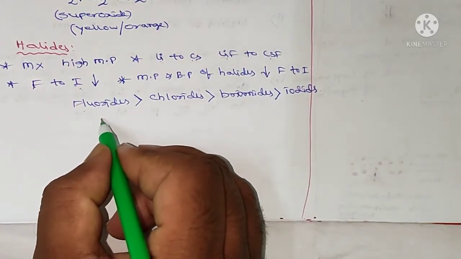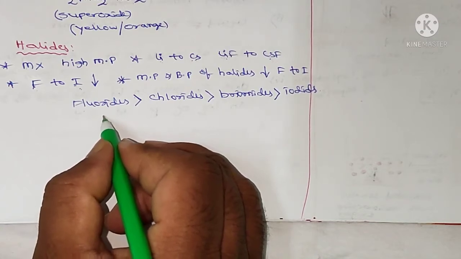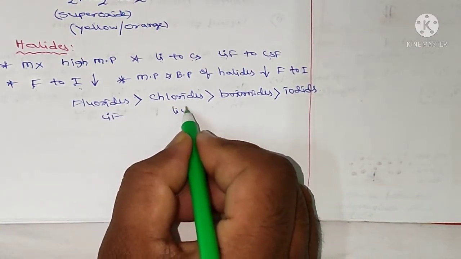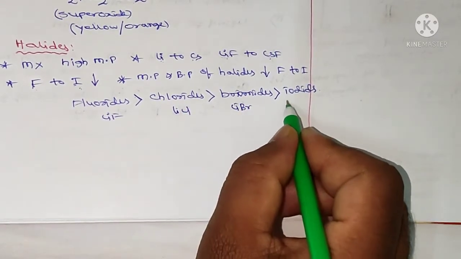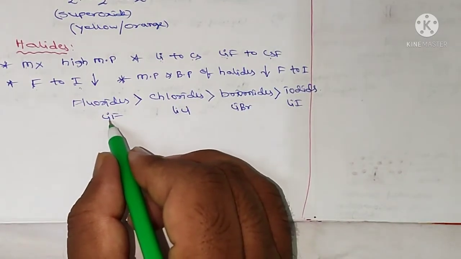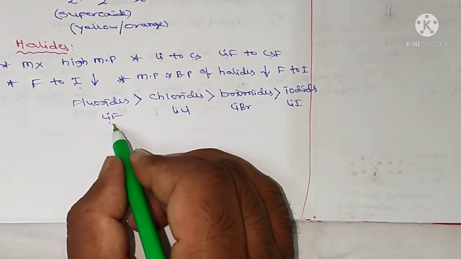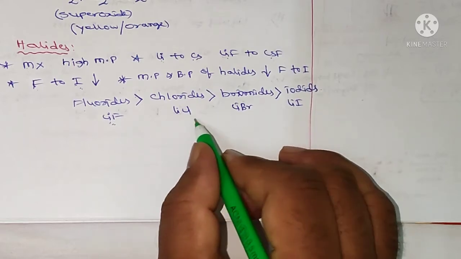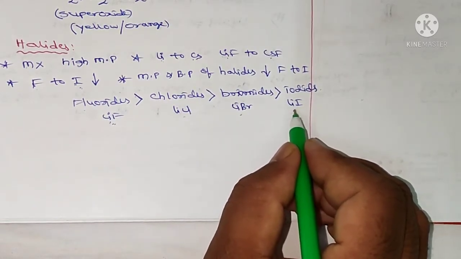For example, taking the lithium halides: lithium fluoride, lithium chloride, lithium bromide, and lithium iodide. Lithium fluoride has a higher melting point and boiling point than lithium chloride, lithium bromide, and lithium iodide.